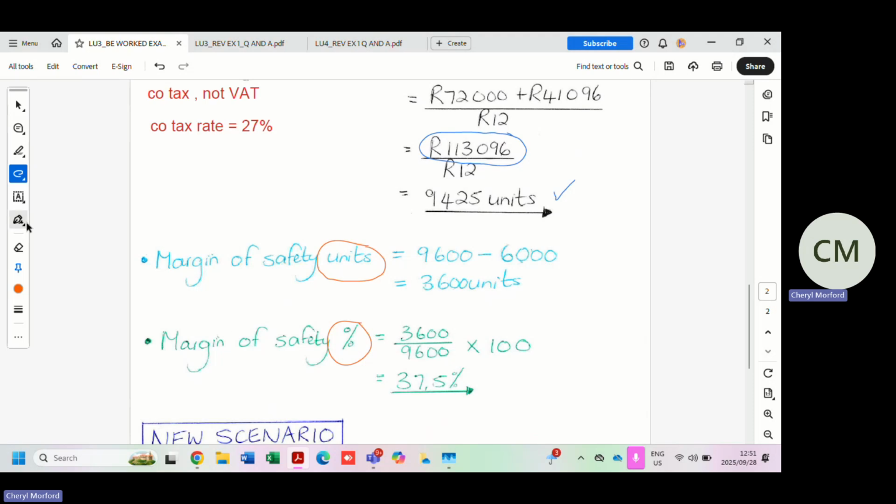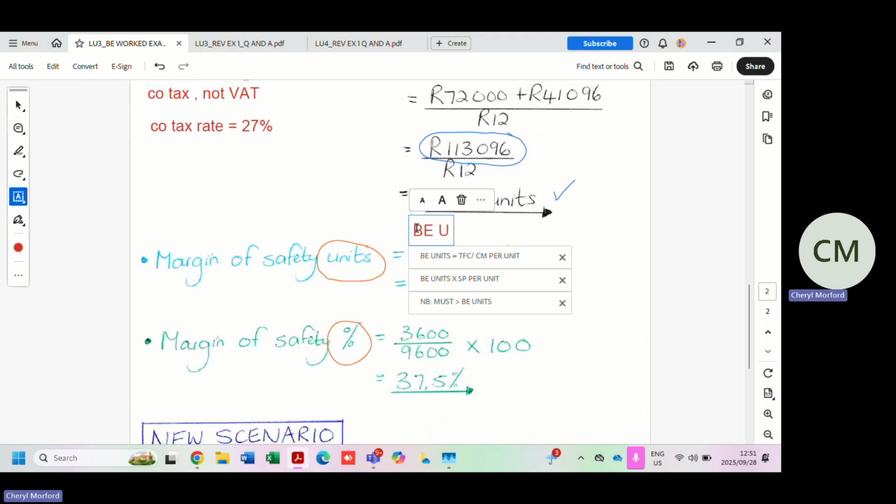That's called margin of safety. So how do we calculate it? We just type in what we're doing. It's our budgeted sales volume, from which we're going to subtract the break-even units.